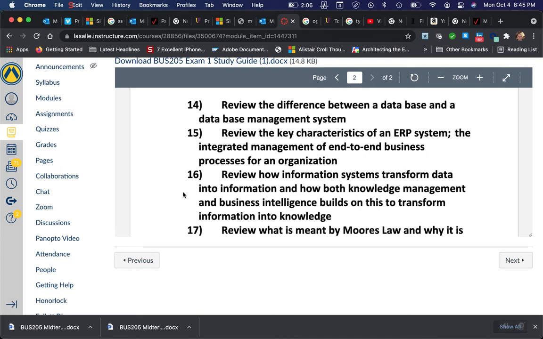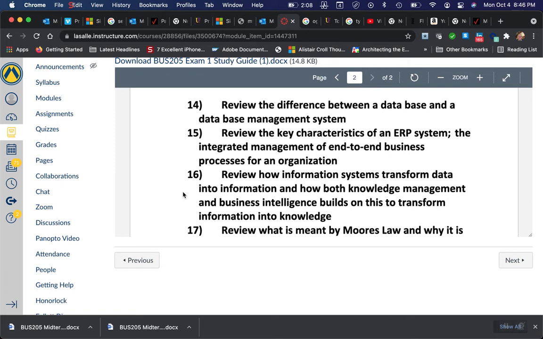You want to take a look at this idea of the role of an information system. It's focused on taking data and transforming it into information. And then how we look at things like knowledge management and business intelligence builds upon this to be able to take information and help us drive it into knowledge.